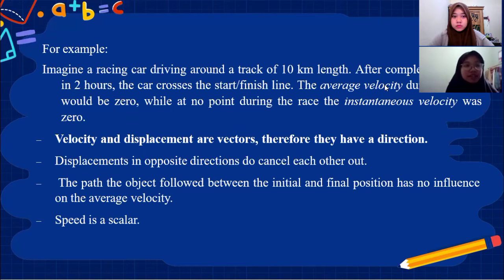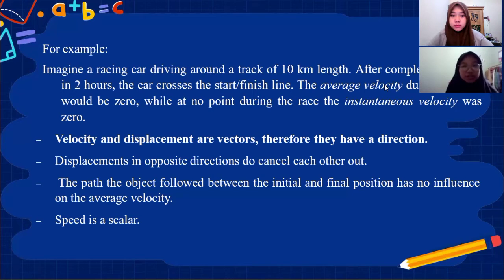Imagine a racing car driving around a track of 10 kilometer length. After completing 40 laps in 2 hours, the car crosses the start finish line. The average velocity during the race would be 0, while at no point during the race was the instantaneous velocity 0.